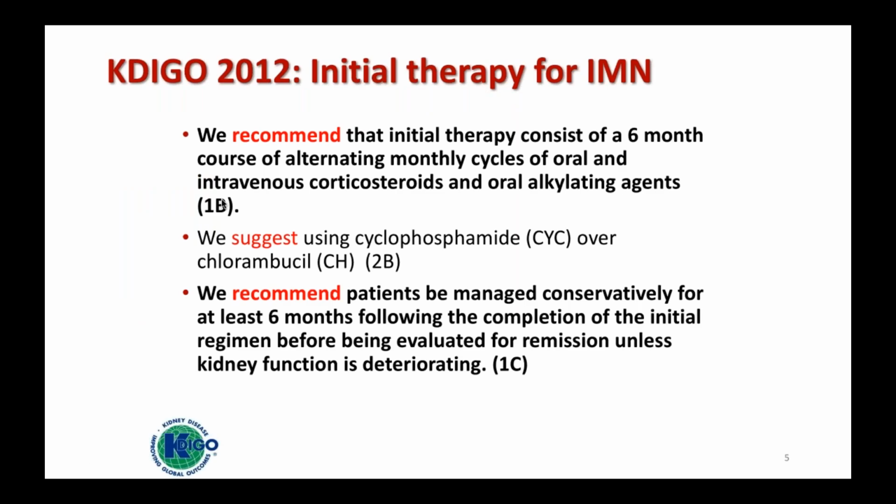Now, the other known fact about membranous nephropathy is the management strategy. According to the KDIGO 2012 glomerulonephritis management guidelines, the recommendation was to use a 6-month course of alternating monthly cycles of oral and intravenous corticosteroids and oral alkylating agents.